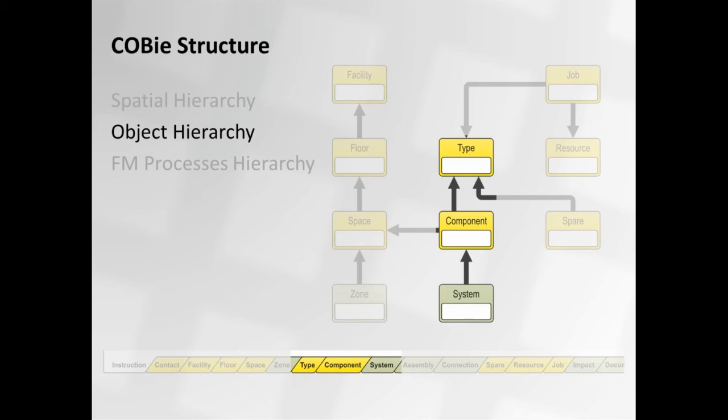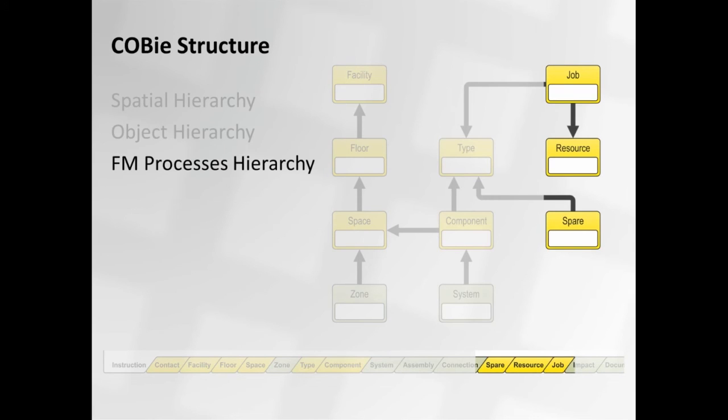There is then an object hierarchy, so there are 3 tables that include information about physical elements, and then there is a 3rd hierarchy that is associated with the processes that can occur. So maintenance jobs and resources and cost of actually running the business of operating the building.